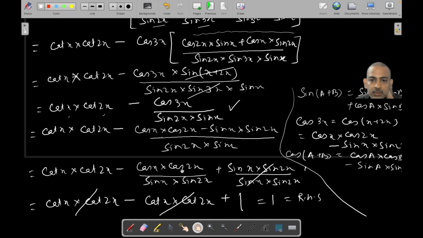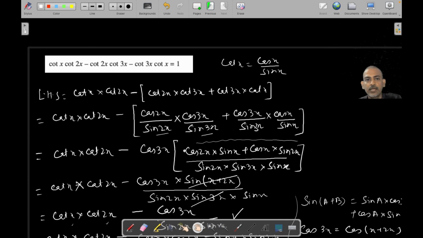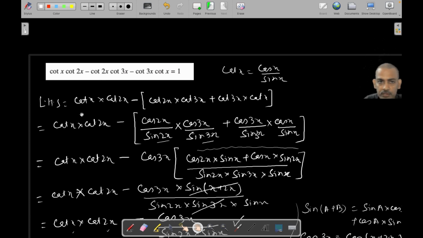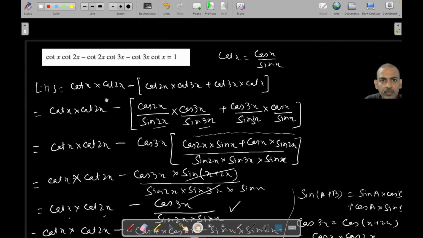So this is how we did it. It's a little tricky equation, it looks like. You could have started with any expression, you could have started with the first and second and still landed on the same result. But in my experience, whenever there is some similarity of terms, we should start working with those. Then only we will eventually get to an answer.